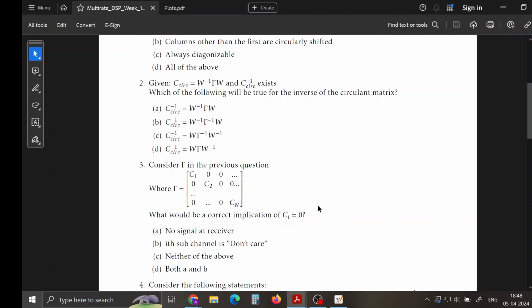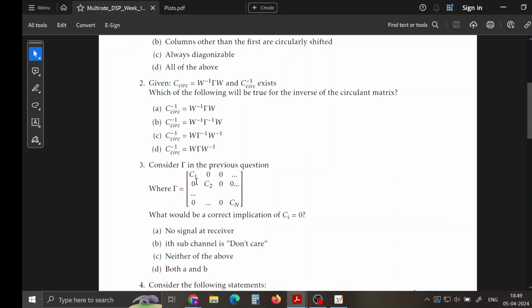What are these C1, C2, Cn? These are basically the channel tap coefficients, right? If this is the form for gamma, then what would be a correct implication of Ci equals 0?